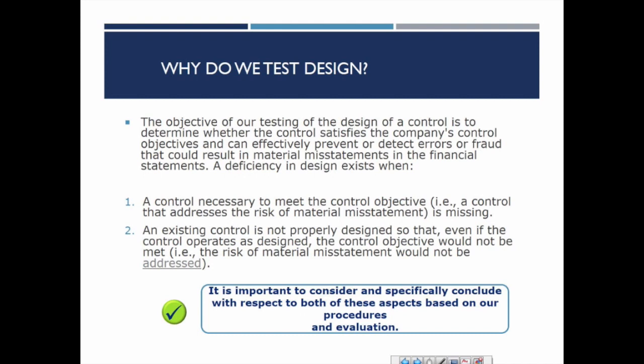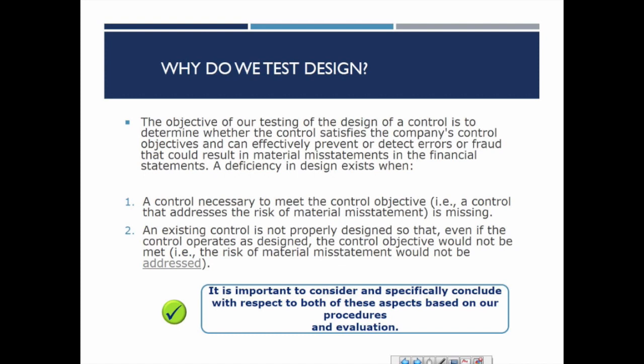So for example, if the company had a control, I use a three-way match as an example, right? Before they will issue a disbursement or make a payment, they have to have three pieces of evidence that it's a valid disbursement, right?